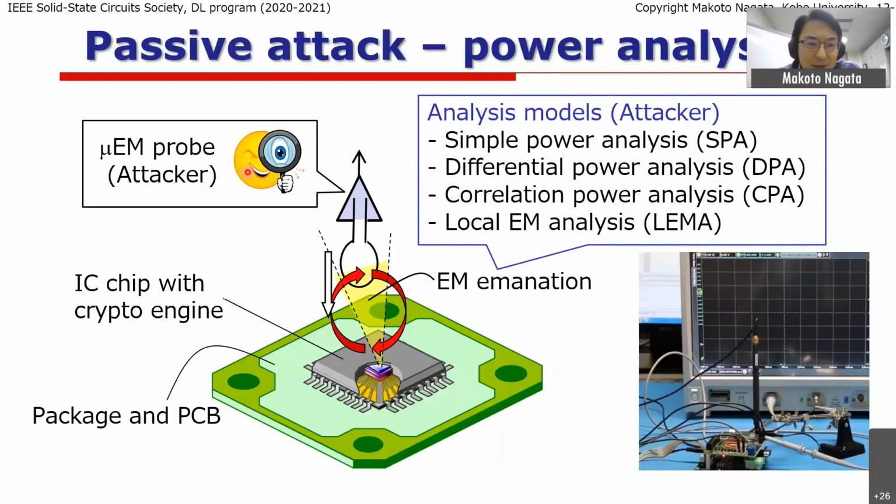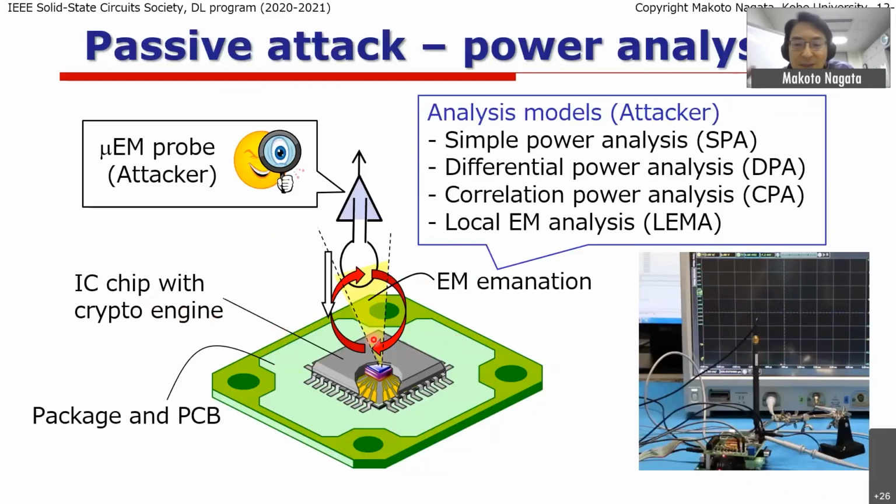The attacker may put the antenna over the die and make the measurements with the oscilloscope as shown on the right, and try to capture sometimes more than 10,000 or even millions of wave shapes during the operation of the cryptographic engine inside the IC chip.